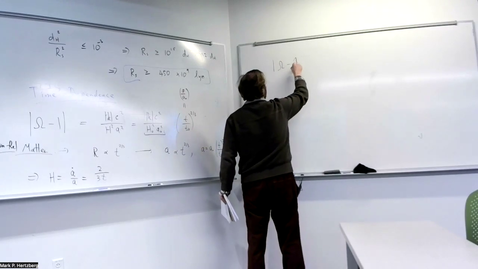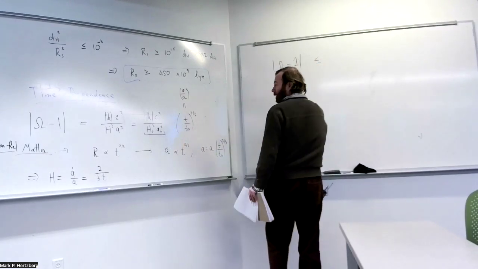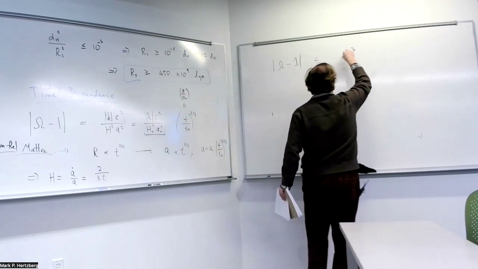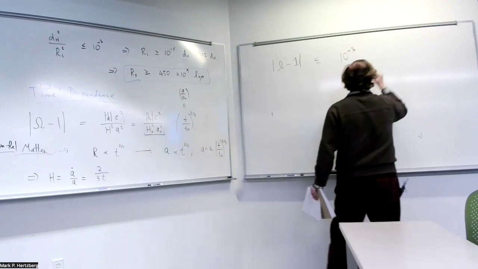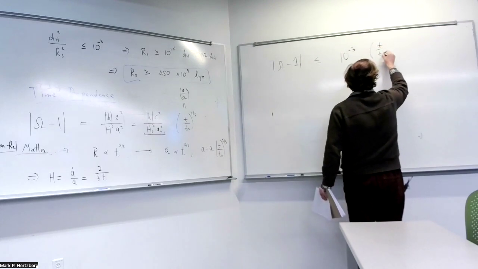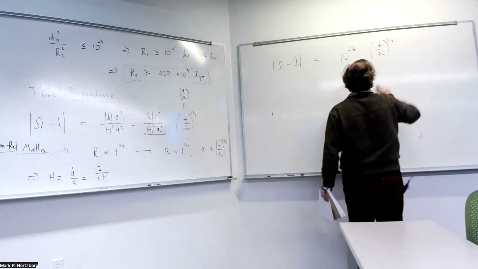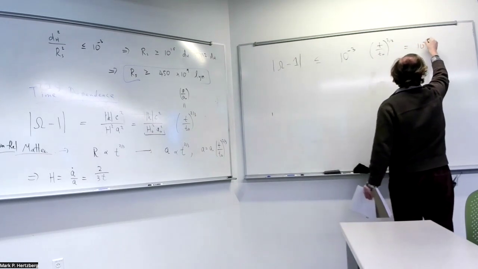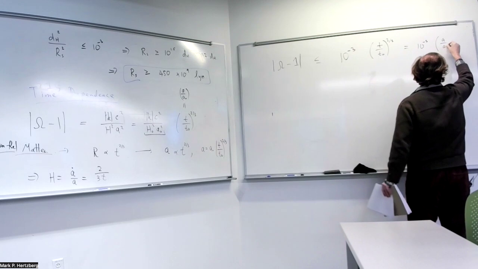So omega minus 1 is observationally bounded to be less than 10 to the minus 3. And then the time dependence is that it scales like the time of the universe to the 2/3. So that's 1 today by definition, or this is a over a naught.